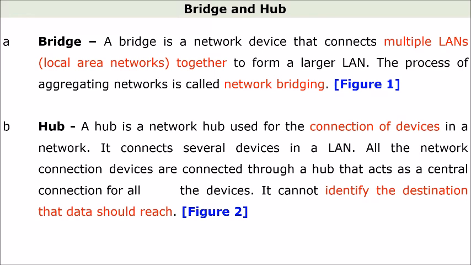A hub can receive data from any device in the network, but it will deliver that particular data set to all other devices. It will not be able to understand the particular destination. That description is not in your answers, but this is okay, that's acceptable. If you are familiar with the hub, then you can give more description of this device. That's no problem.